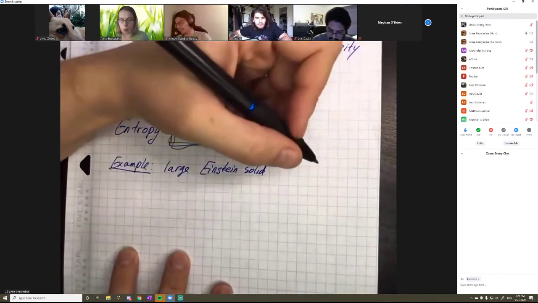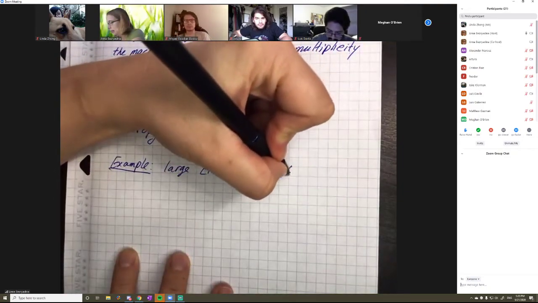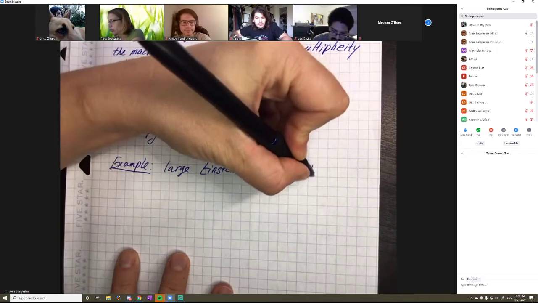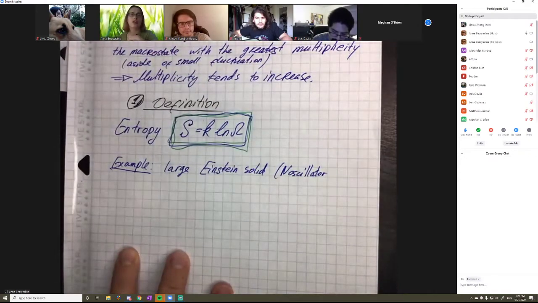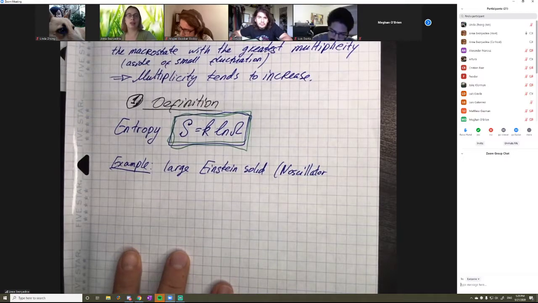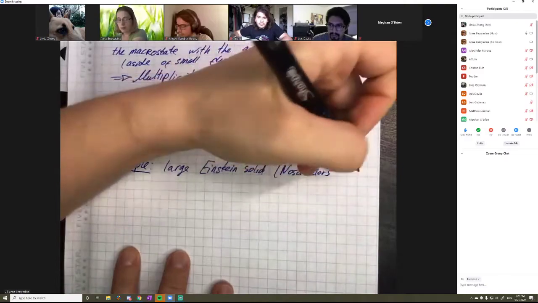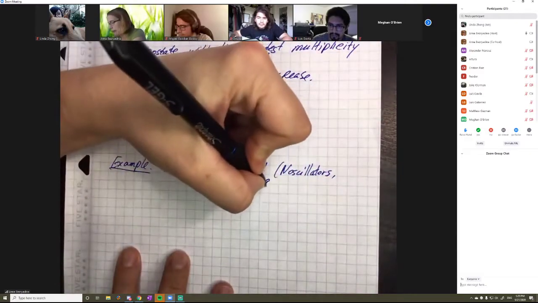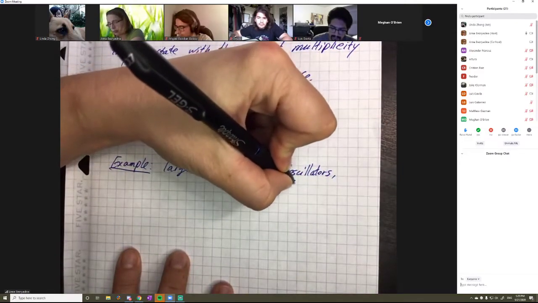So we have oscillators. Just to make sure that you remember, because it's something we use all the time, Einstein solids, and I don't think you ever saw this terminology before. It's the same example of people in a room and coins, where you can have an infinite amount of coins. We have N oscillators and Q units of energy.